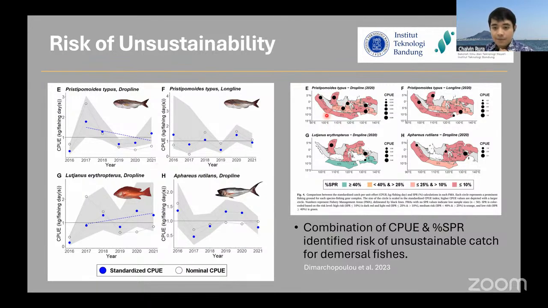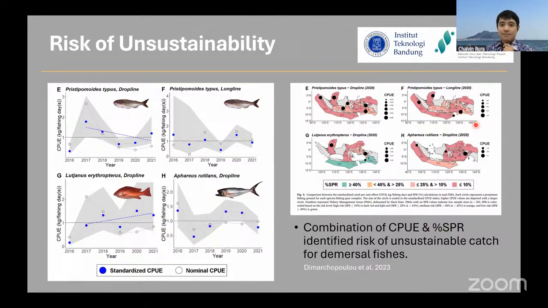And we can see in the graph on the right, they calculated that there are some areas where, for certain species of fish, there's a very high risk of unsustainability or overcatching. So I think Indonesia, besides improving its technology in catching and post-production, also needs to be aware not to fall into the pitfall of overcatching that other countries have.